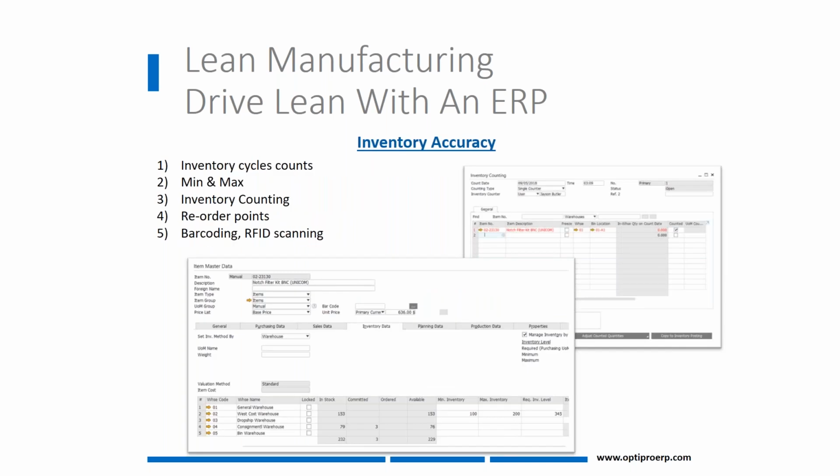Inventory record accuracy, I really can't talk about this enough. It's absolutely core. I'm sure many of you on this webinar experience the fallout from inventory record accuracy deficits. You go to pull something, it's not there. Why isn't it there?